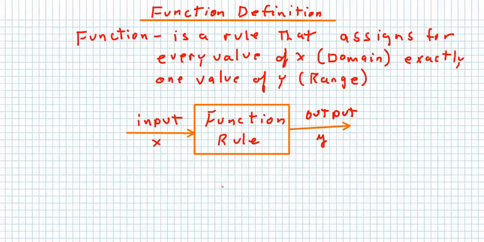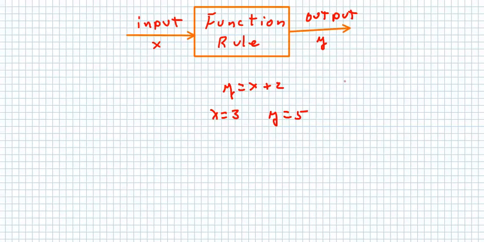Our rule could be y equals x plus 2, and if I input x equals 2, or let's say x equals 3, if I input it, y is 5. All right? So when I say an input and an output, I'll draw it with a box. Y equals x plus 2.